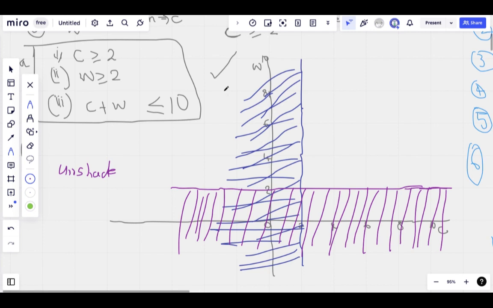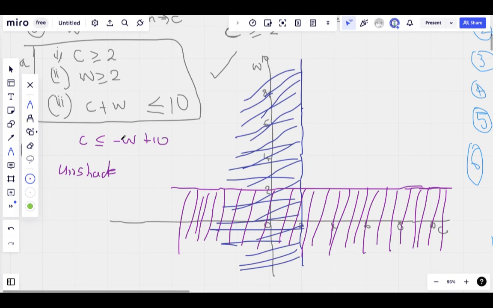Yes. Okay. Then for this one, C plus W equal to 10. It's almost the same as this C. If you move C to the other side like a linear graph, it becomes W is less than or equal to minus C plus 10.